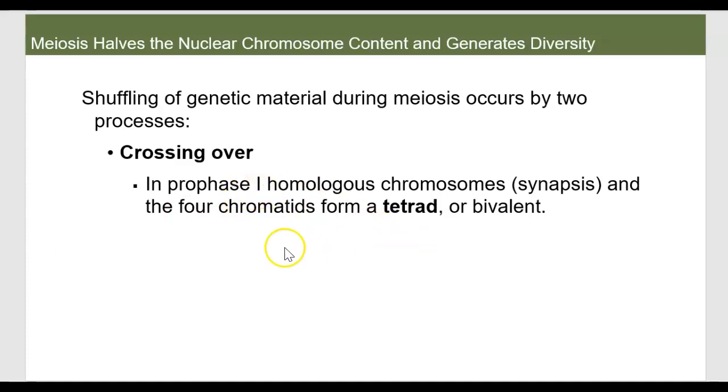That crossing over is kind of important, so we're going to take a look at this again. The genetic material gets shuffled during meiosis. Crossing over is when the homologous pairs, meaning the original pair plus their sister chromatids, line up together and form something called a tetrad. Tetra means 4, right? So we can see that here.